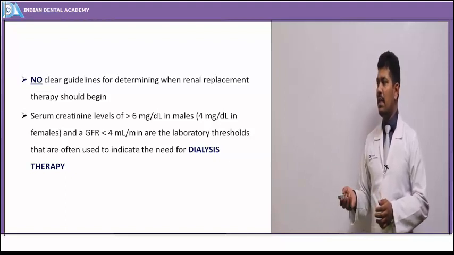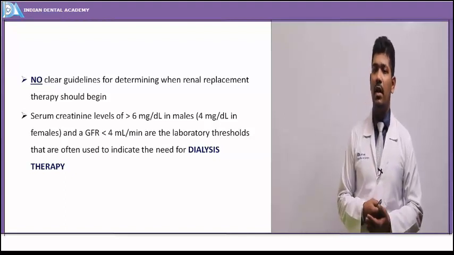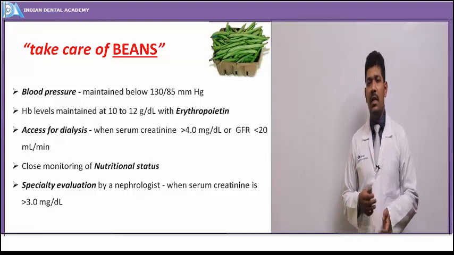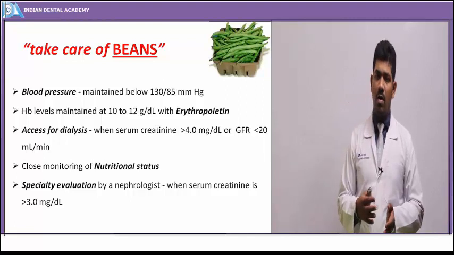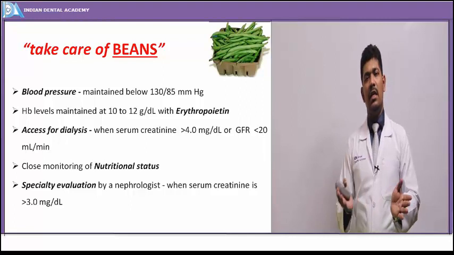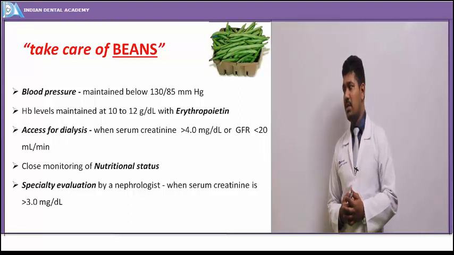As you all know, the dialysis therapy is normally done in two ways: the peritoneal dialysis and the non-peritoneal type of dialysis. Depending upon the comfort of the patient, the cost, and the convenience and feasibility for the patient, either of the two types of dialysis is taken forward in these particular patients.